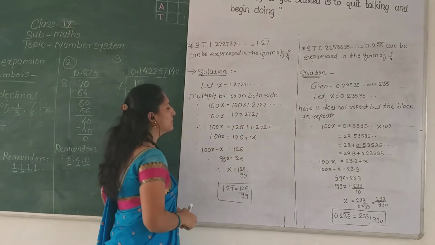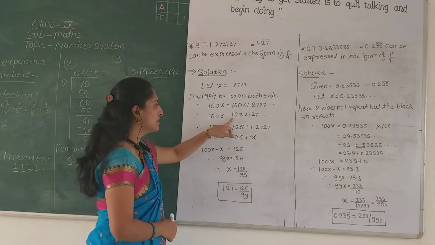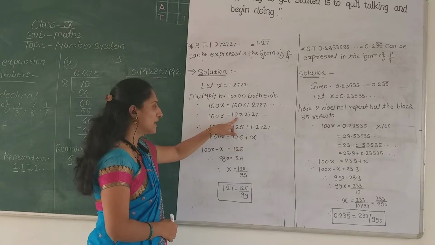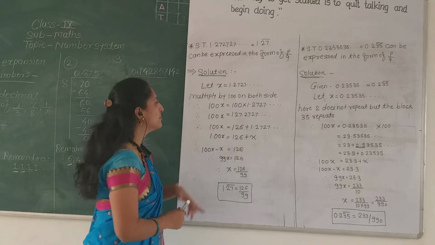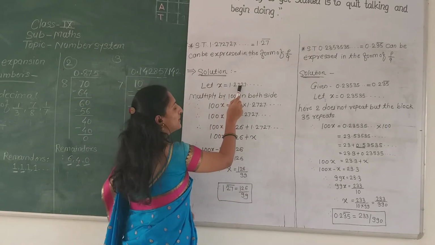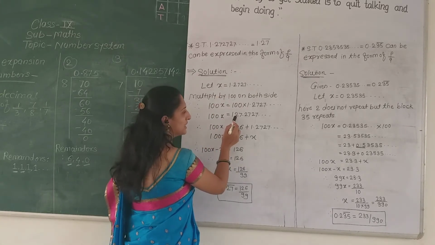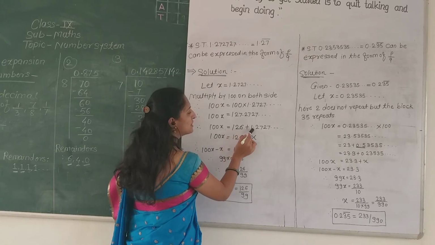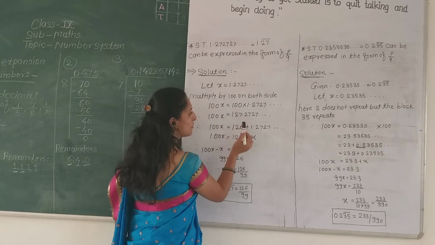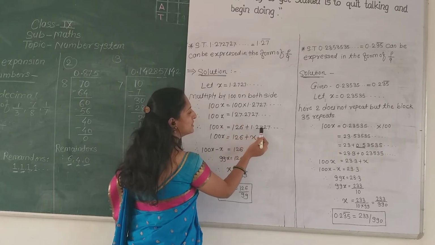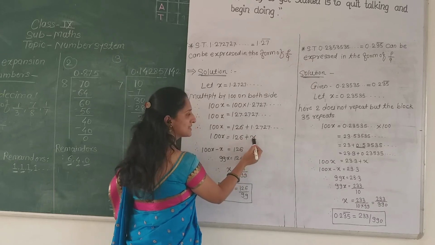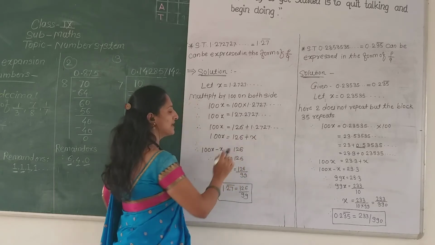Now we have to express this number in the form of x, but the value of x here is 1.27. That means we can write 127 as 126 plus 1.2727. Now that 1.2727 is x, that is 126 plus x.